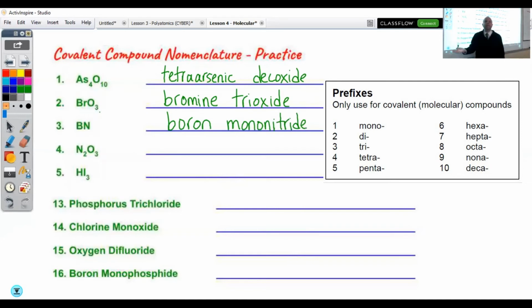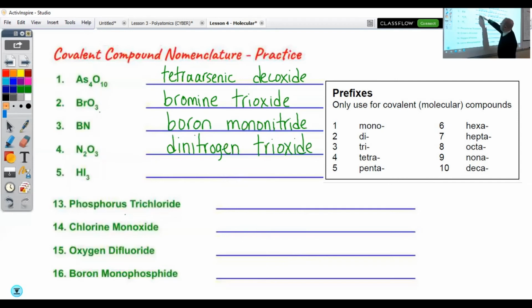First element only gets a prefix if there's more than 1. The second element always gets a prefix. Next example, we have 2 nitrogens, so dinitrogen. We have 3 oxygens, so trioxide.